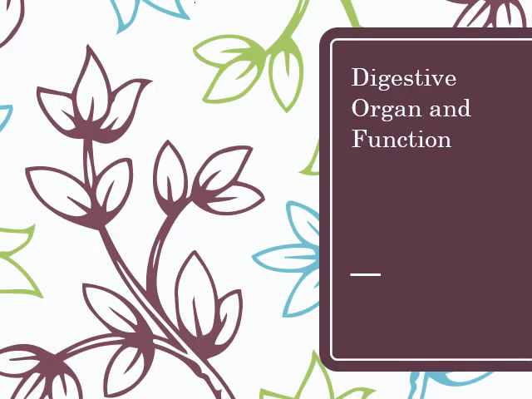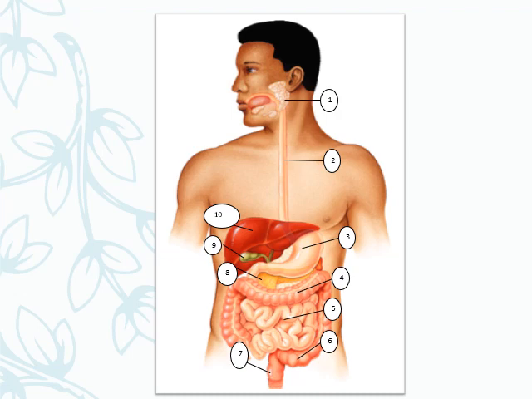Next, we are going to discuss the organs and their functions. Please have a look at the picture. What is picture number 1? It's salivary glands. Number 2 is esophagus.